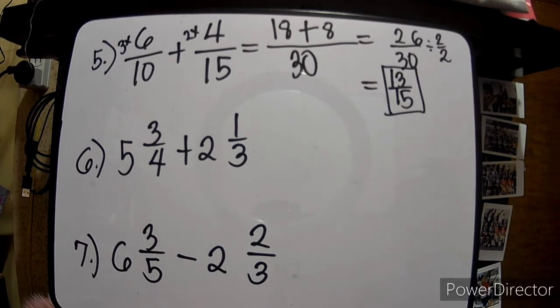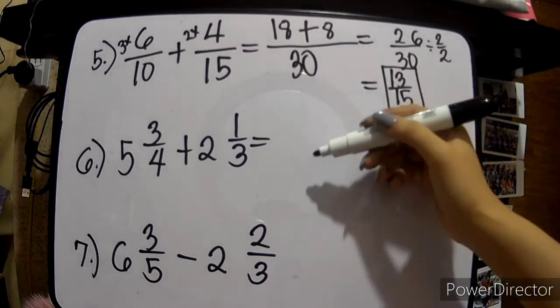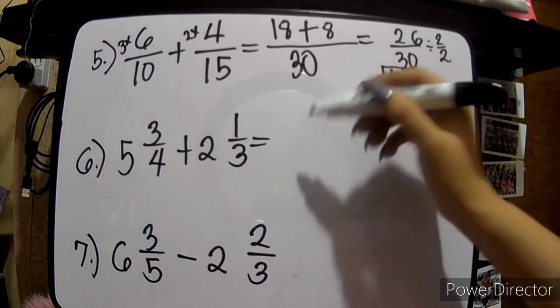Next is 5 and 3/4 plus 2 and 1/3. So, pwede naman na you will add the whole number to whole number and the fraction to fraction. Especially kapag addition lang, pwede na rin yun. So, papakita ko in a way na magkahiwalay.